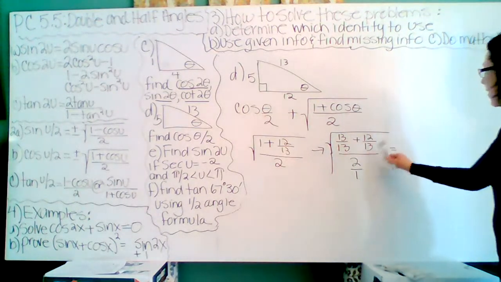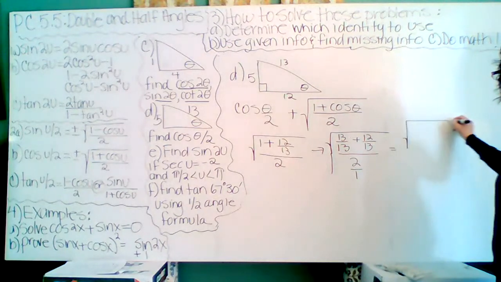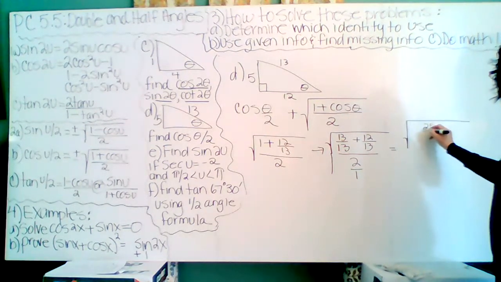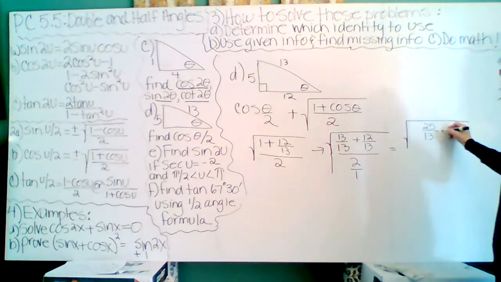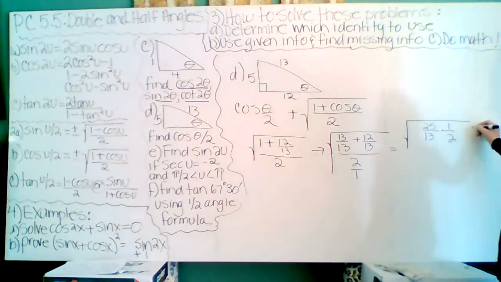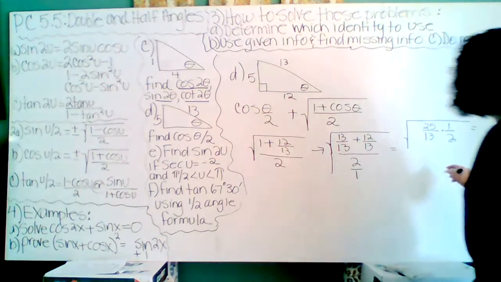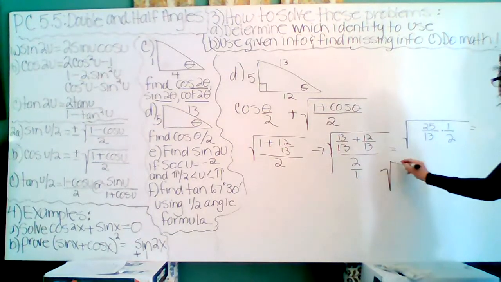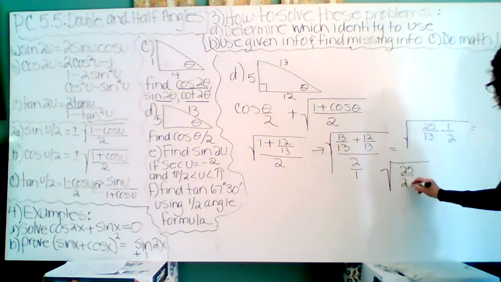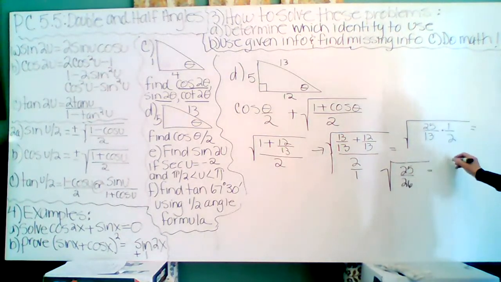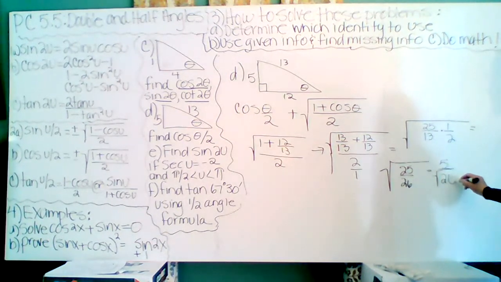And we have 25 thirteenths in the numerator. And rather than divide by 2, let's multiply by the reciprocal. And we have the square root now of 25/26. The square root of 25 is 5. The square root of 26 is not perfect.